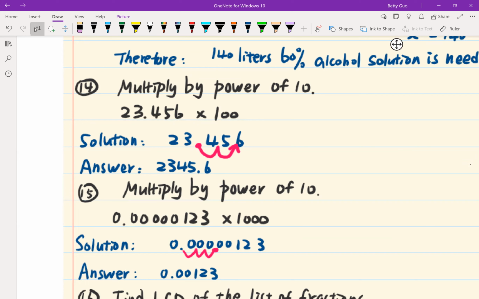Here, I want to show you that multiplying a decimal by 100 is equivalent to moving the decimal point to the right twice. Number 15, multiplying a decimal by 1,000 is equivalent to moving the decimal point to the right 3 times. I don't think we need more time for number 14 and number 15, because you can use your calculator.